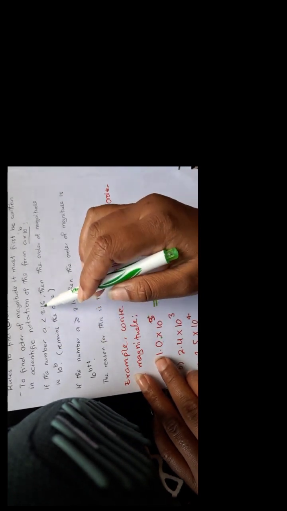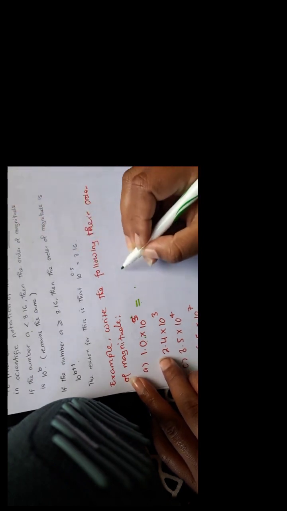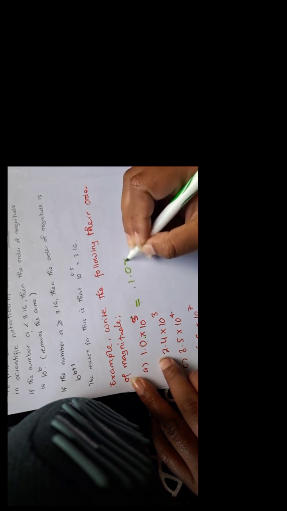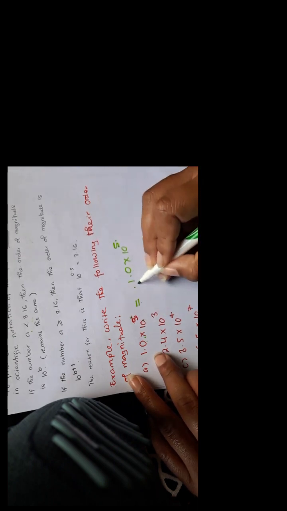It says, if A is less than 3.16, then you leave the power as it is. So the order of magnitude for this is 10 to the power of 5, because it remains the same, since this A here is less than 3.16.